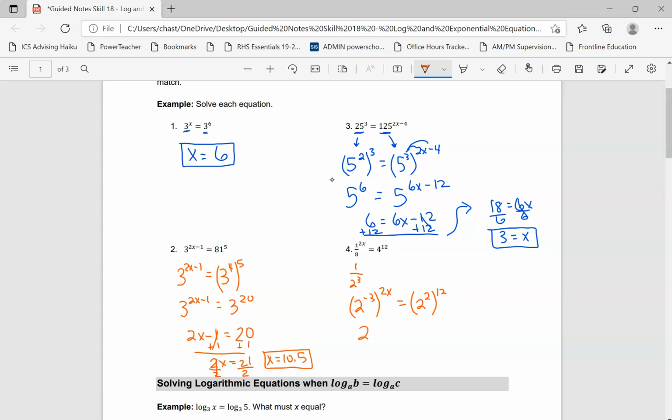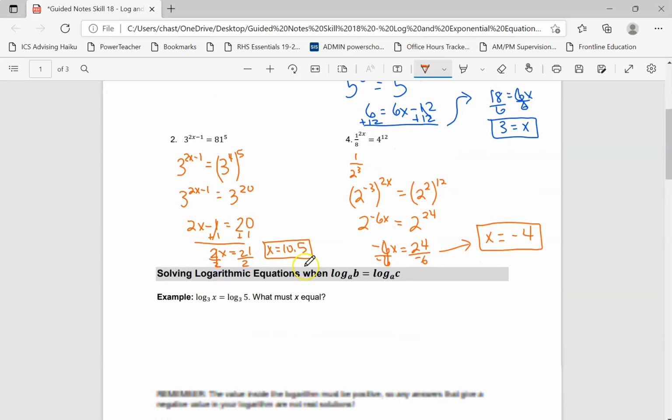So I'm going to multiply my exponents. I get 2 to the negative 6x equals 2 to the 24. And now that the bases are the same, I can just set the exponents equal to each other. Divide by negative 6, and we get x equals negative 4. All right, so that's how we're going to solve equations of this type.